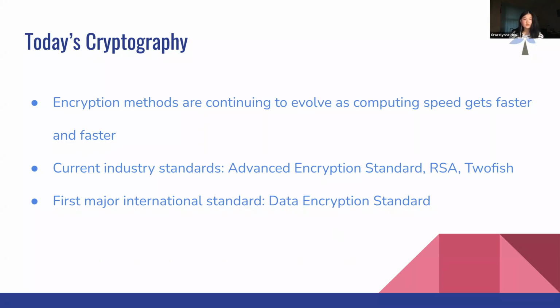And again, the reason why the field of cryptography continues to evolve so quickly is because computers will also get stronger and faster, and they will be able to use brute force to figure out everything a lot quicker, just like back when the Data Encryption Standard was the international standard.